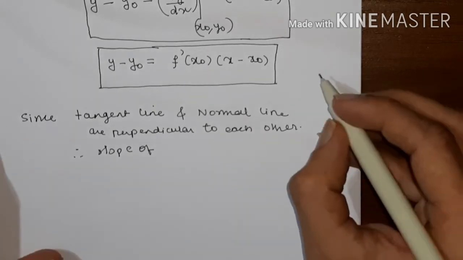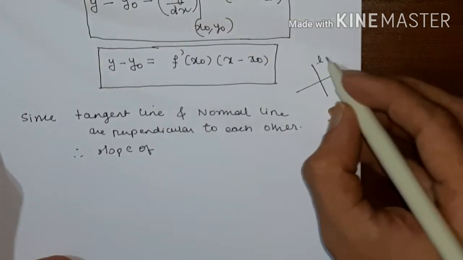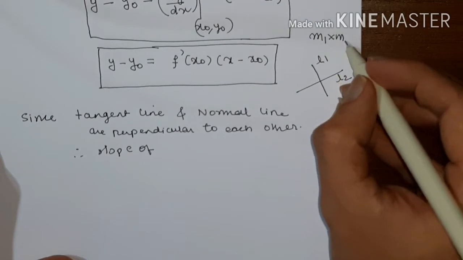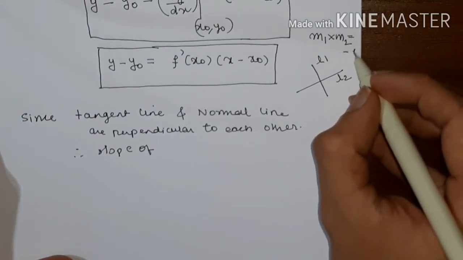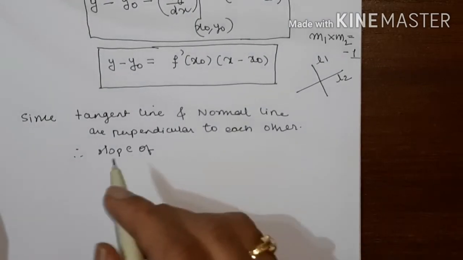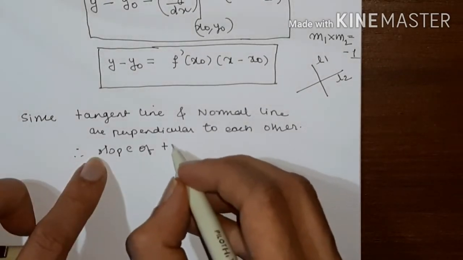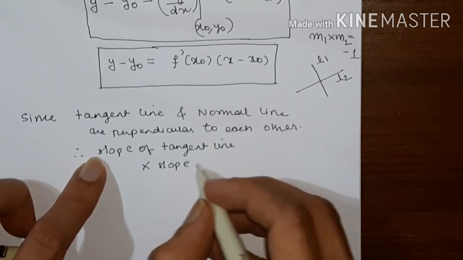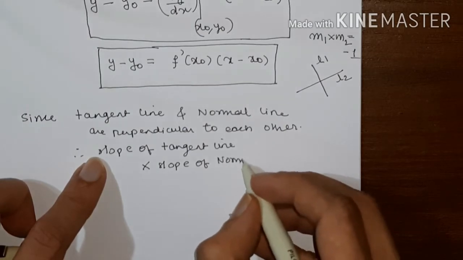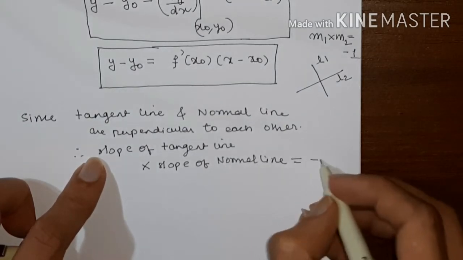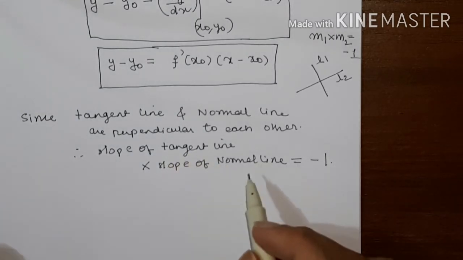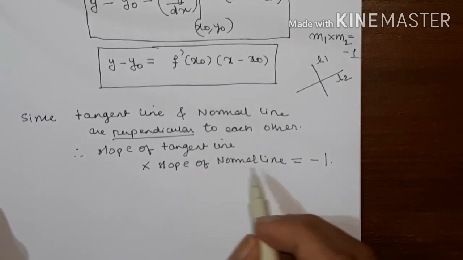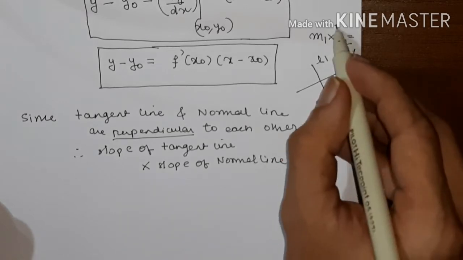So if two lines are perpendicular, then slope of L1, that is M1, into slope of L2, that is M2, is equal to -1. So the slope of the tangent line multiplied by the slope of the normal line is equal to -1, because the tangent line and normal line are perpendicular to each other.